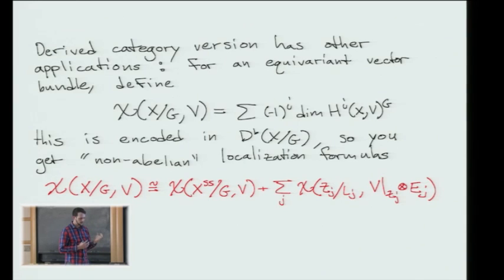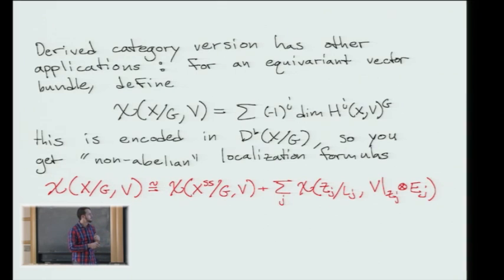You can compute the so-called K-theoretic index. So you might be interested in computing the G-invariant part of some sheaf cohomology groups. This Euler characteristic is also related to some index of some operators via an index theorem. So this is a natural thing to study from the perspective of K-theory, and it also has a shadow in cohomology.